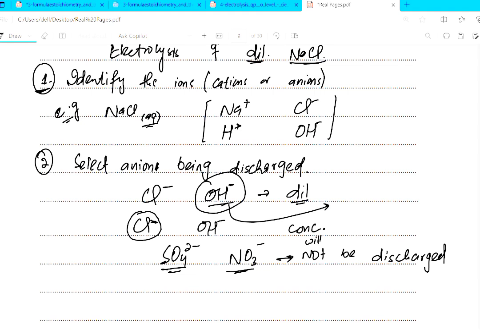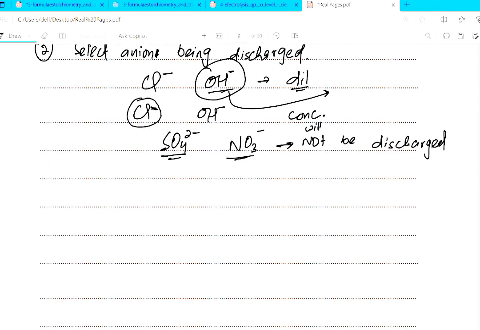But if we take the concentrated solution of chloride, then chloride, iodide, bromide will be discharged definitely. But if we take the dilute, then hydroxide, which comes lower, will be easy to discharge.